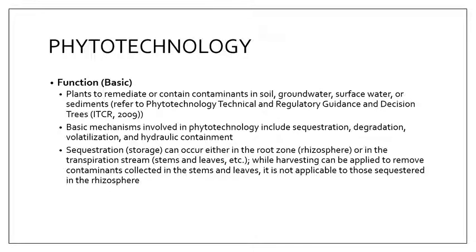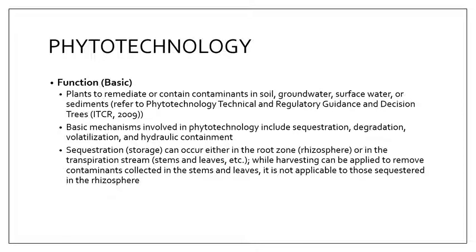All right, so sorry, sequestration means storage. So sequestration is about taking out the contaminant and storing it in the plant. And this can occur in your root zone or in your transpiration stream, which includes your stems and your leaves.